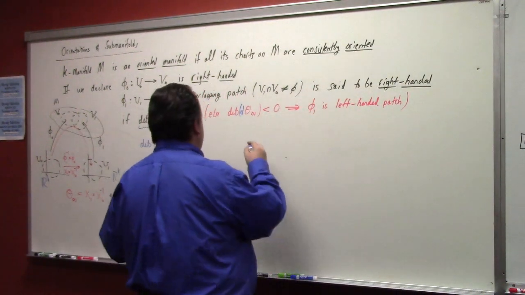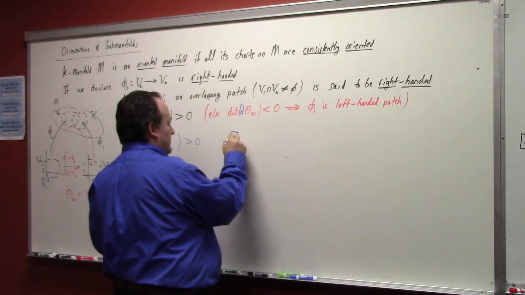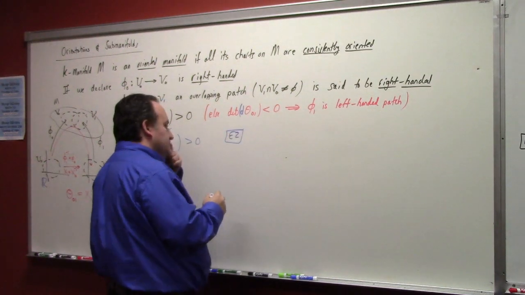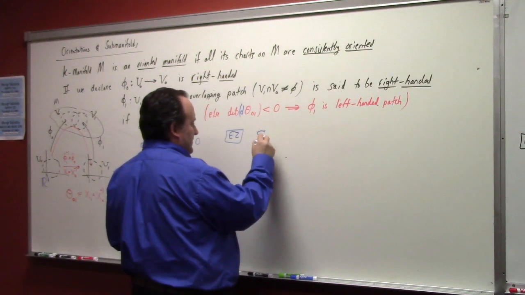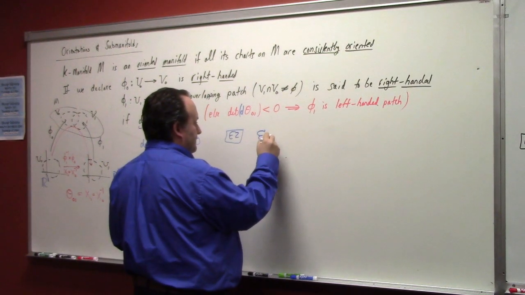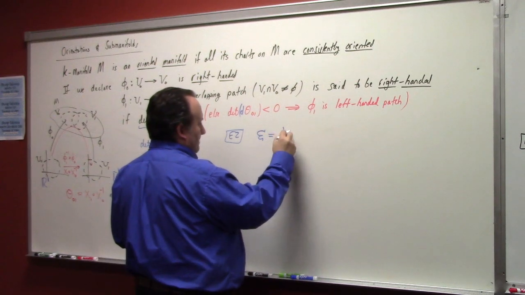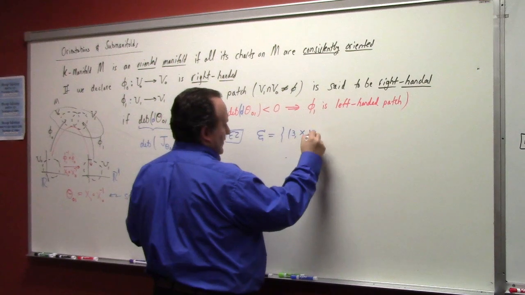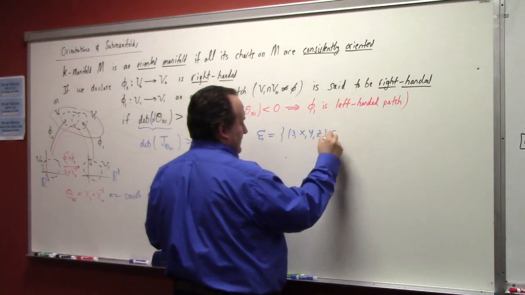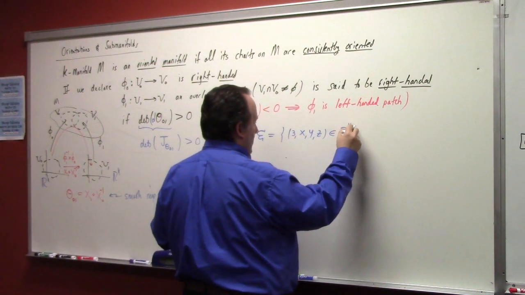But, well, let me just talk about that for a second here. Example 2. My volume could be something like this: the set of (x, y, z) in R^4, right?